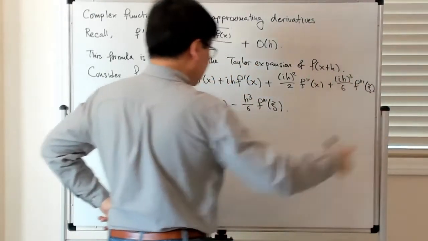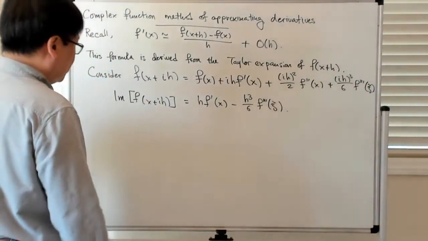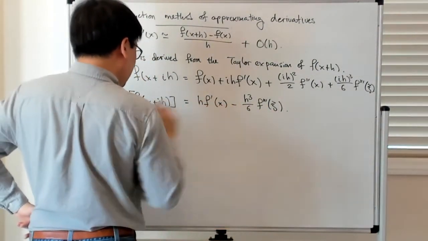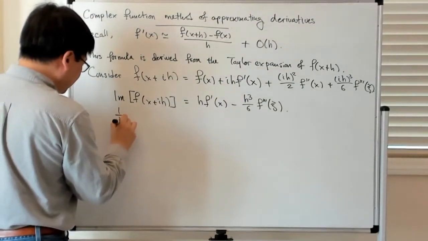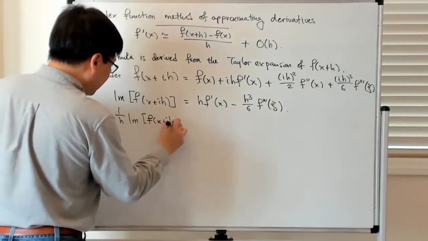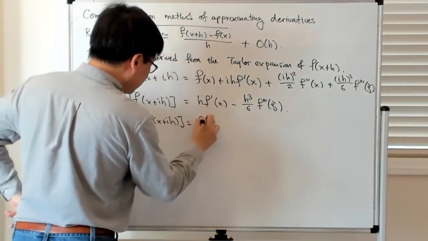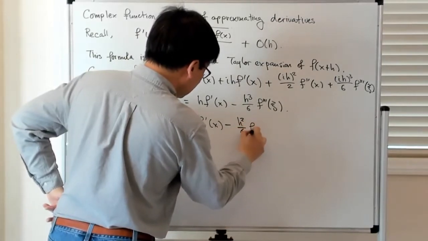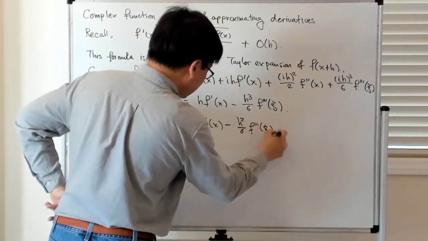Let's not worry too much about that. So I can divide throughout by h now. I get 1 over h times the imaginary part of f of x plus i h is equal now to f prime of x minus h squared over 6 f triple prime at c.